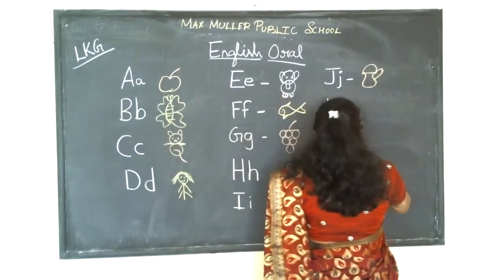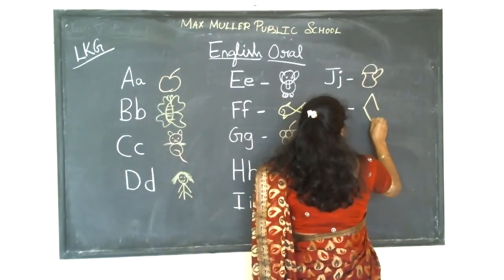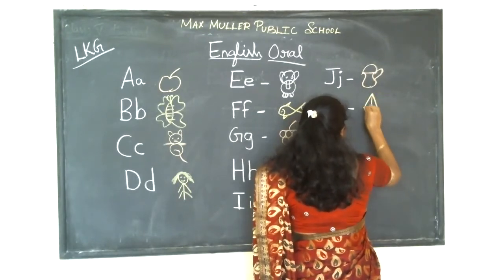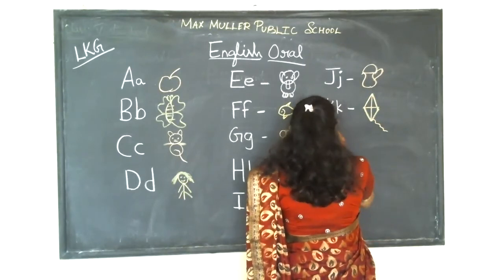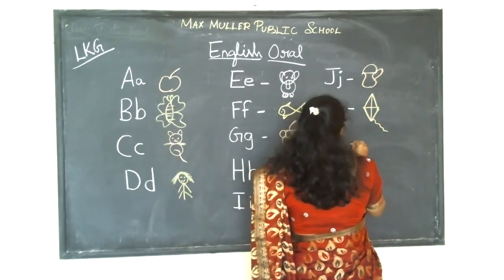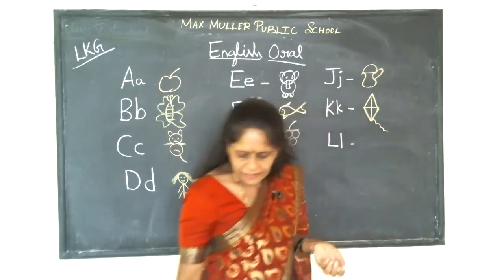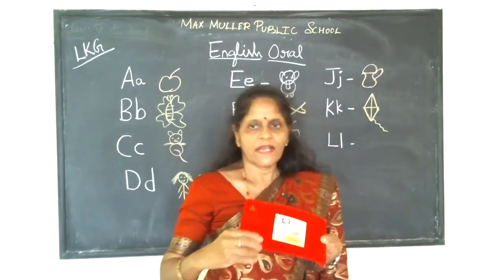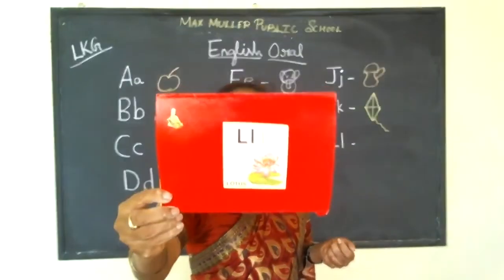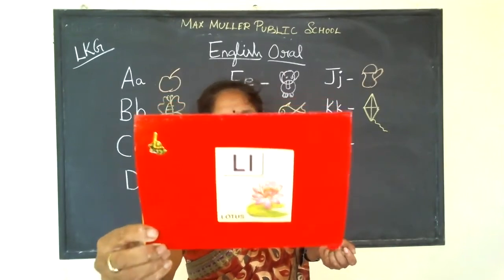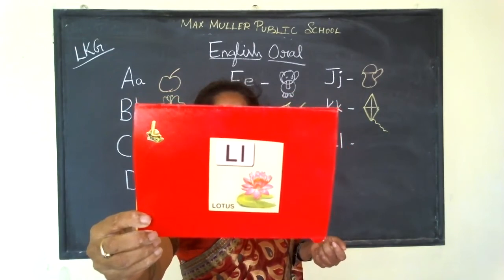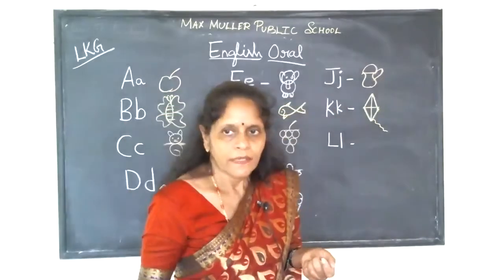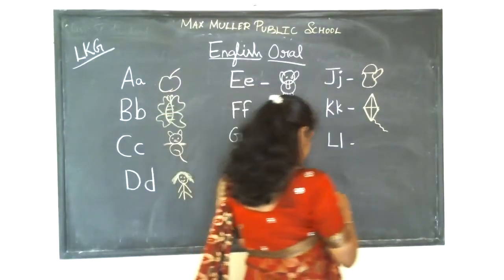K for kite. Next, capital L, small l. Capital L, small l. L for lotus. L for lotus.